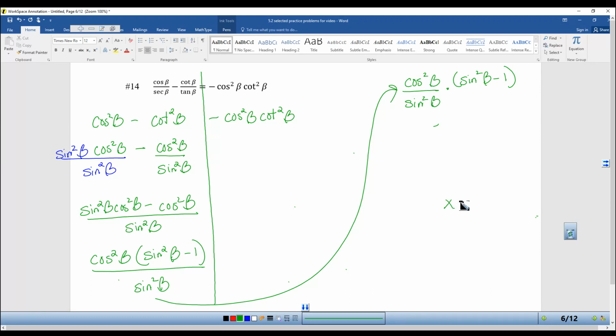But if you have x over y over z, I can make that either x over z times y, because think about it, that would be over 1, and you could go straight across the numerators and straight across the denominators, or x times y over z. So you can put that z under either one of them individually. What you can't do is x over z times y over z.